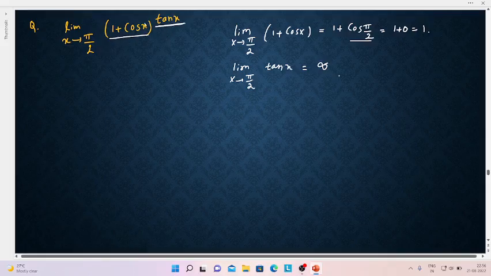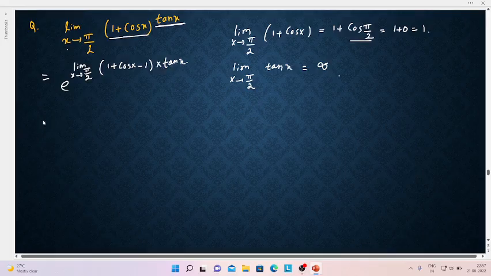Since it is of the form 1 to the power infinity, the function can be written as e to the power limit x tends to pi by 2 of (1 plus cos x minus 1) times tan x. The 1 and minus 1 cancel out, so it has cos x times tan x.